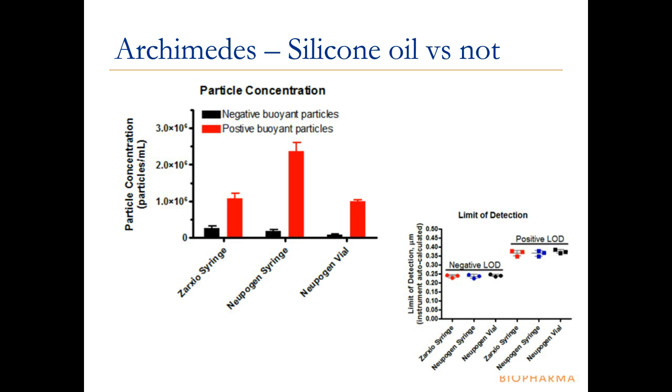So we're able to understand the silicon oil population below 6 micron a lot better using this technique compared to MFI. What we do see is that those positively buoyant, or silicon oil, particles are the majority of the particles in that lower size range for the Neupogen syringe. If we look at the negatively buoyant particles, those are quite comparable between the materials, with Zarcio appearing to have a little more compared to Neupogen. But overall, the offset that we observe with MFI is due mostly to the silicon oil population.